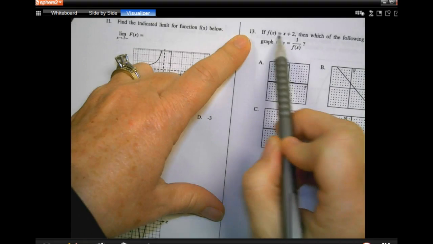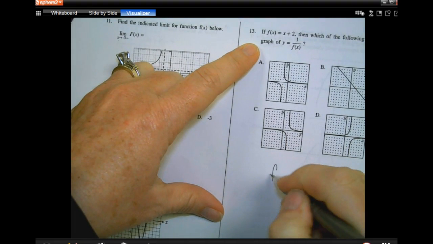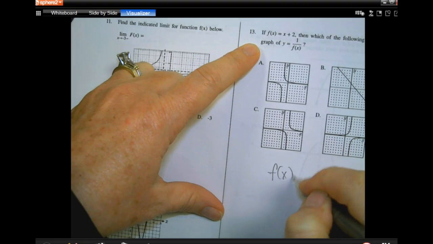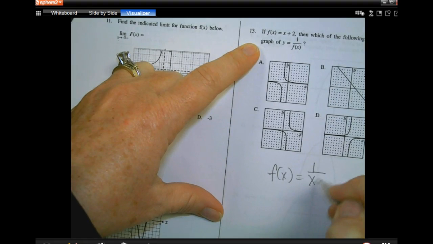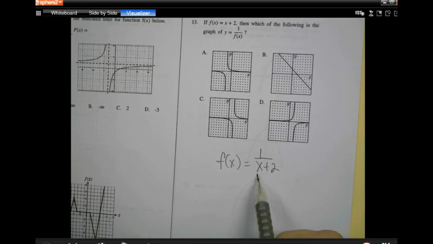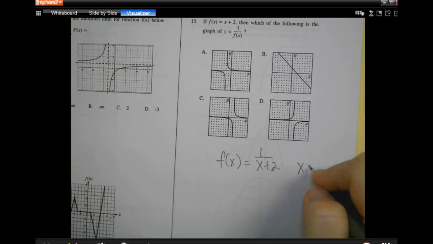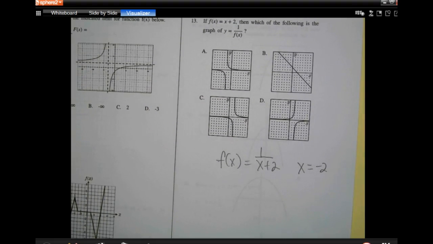So f of x plus 2 is going to go on the bottom. So my f of x equals 1 over x plus 2. So what can the denominator not equal? I can put 0 in there. 0 plus 2 is okay. So x can't be negative 2 because that makes a vertical asymptote. Which is the only one that has a vertical asymptote at negative 2? A.